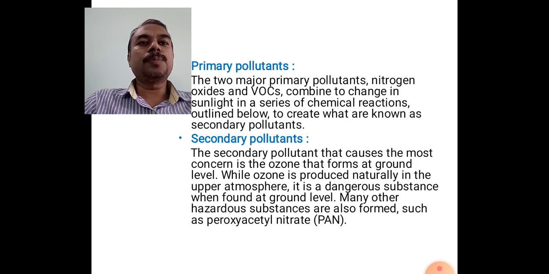And the secondary pollutants are those pollutants which are obtained because of the chemical reaction of the primary pollutants such as nitrogen oxide and VOCs, which gives ozone and some other products such as PAN. PAN is nothing but peroxyacetyl nitrate.